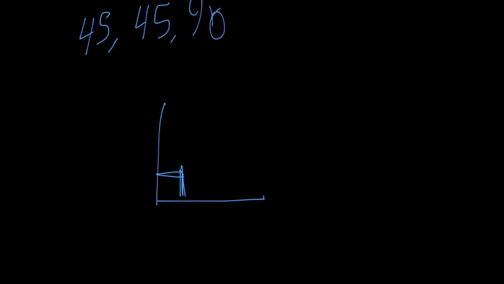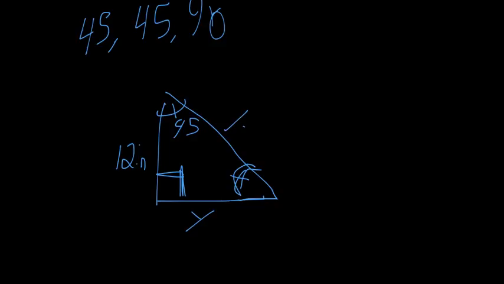And these angles are exactly congruent in this case. So this is 45. Since I put that they're congruent, I don't need to write the other 45. So we know the length of this, and this is 12. Let's say it's inches. Well, since we know that, I should probably put some variables in there. There we go.